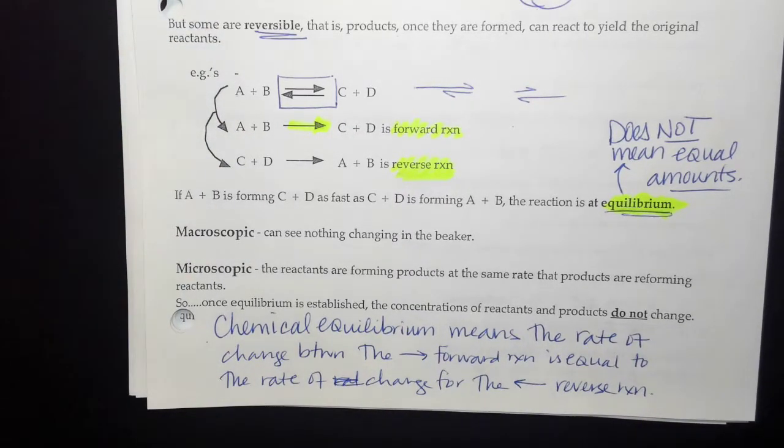Chemical equilibrium does not mean equal amounts, it means equal rate of change between a system.